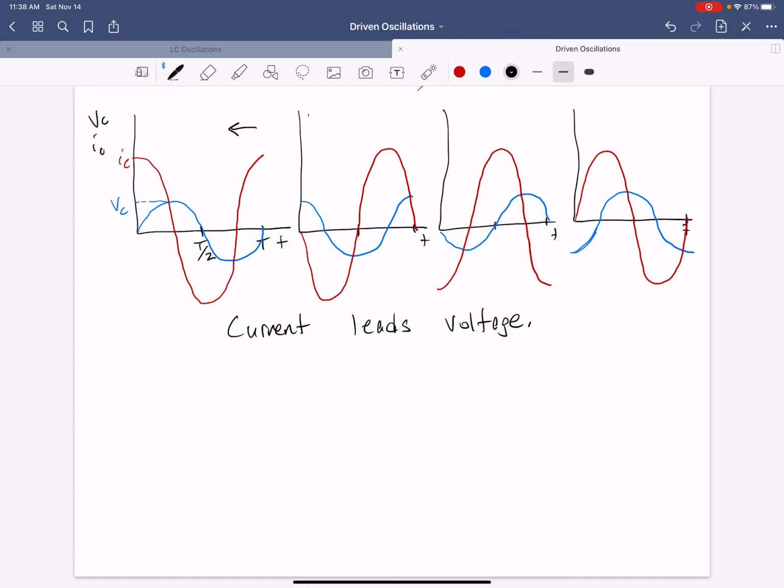Okay? And a good memory aid or a mnemonic is ICE, right? Keep this in mind for the next video with the inductor, right? This is the current, this is the EMF. So for a capacitive load, C, the current comes before E, right? Current comes before the EMF.